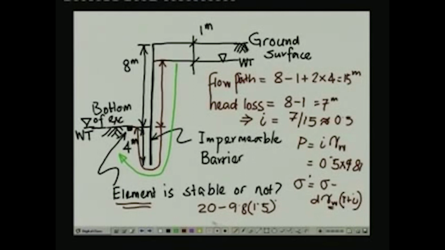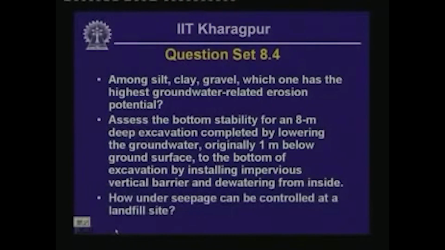Since this value is going to remain positive, greater than 0, we can conclude for this particular configuration that since the effective stress is going to remain positive, the element is going to remain stable. Element is stable. So that is a very approximate way of looking at the stability of an element near the bottom of an excavation of the type that we considered in this particular problem.